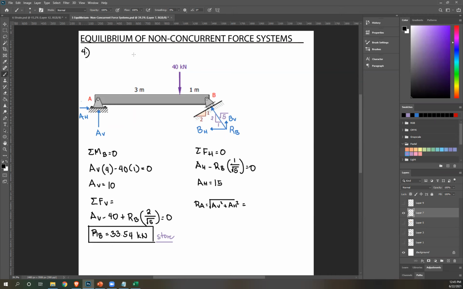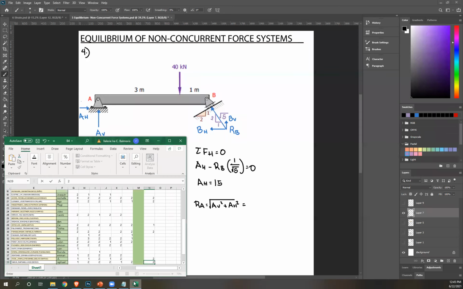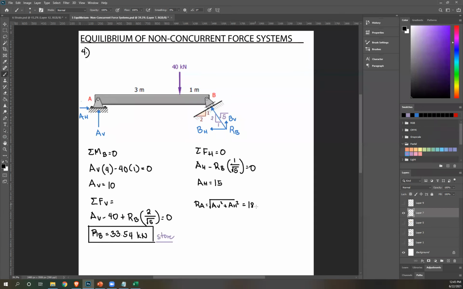Correct, it's 18.03 kilonewtons. Correct, Marilyn and Kenneth. And then to complete the answer, we also need to get the inclination.